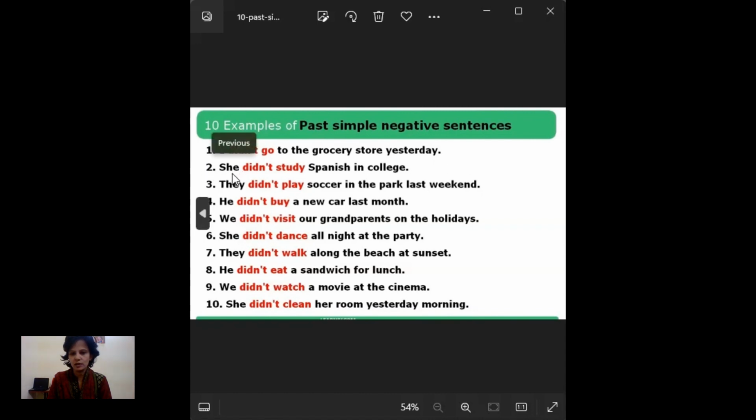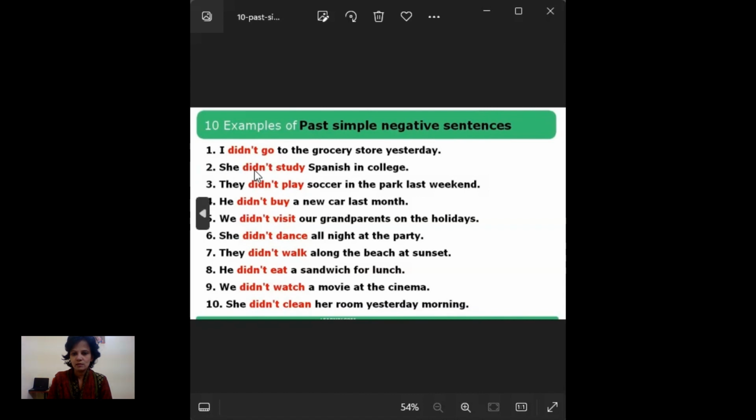And second one, she didn't study Spanish in college. When it was affirmative, positive, she studied Spanish in college. When we add did not, that means this action didn't take place in the past. That action was not completed in the past. So she didn't study Spanish.